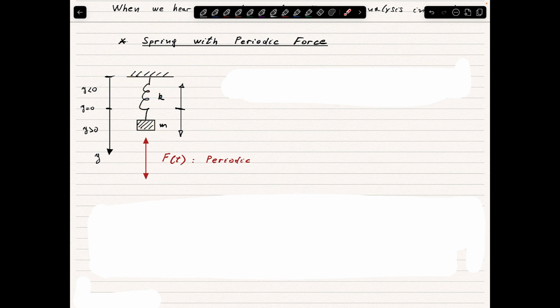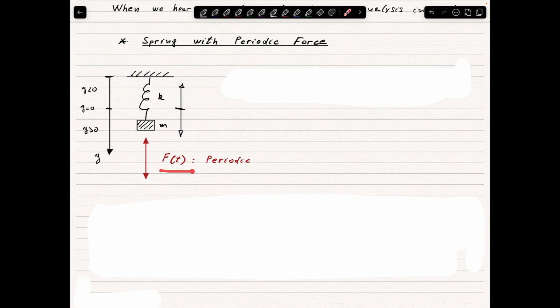There is no friction in this case. We have our usual coordinate system, y vertical, downwards positive. Here is positive, here is negative. This is the equilibrium position. The system is oscillating around the equilibrium position, and we are acting on the system with a periodic force. We want to analyze how the system is going to move when that happens.